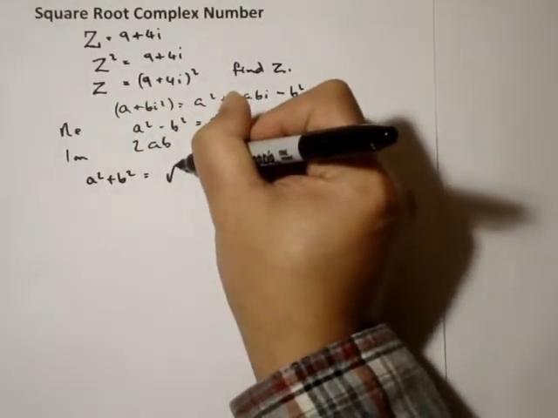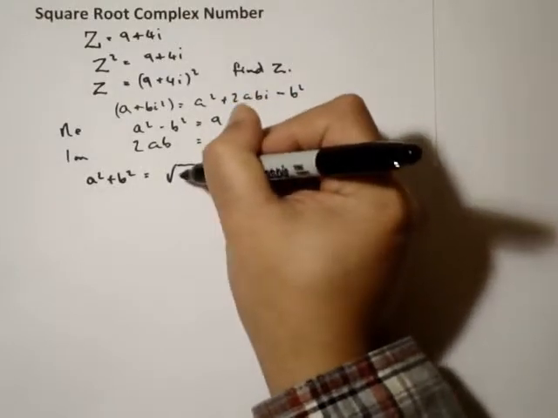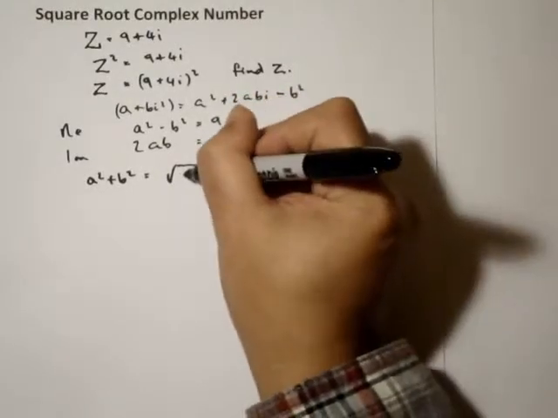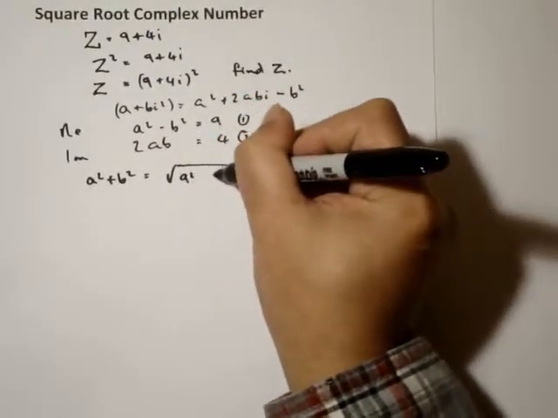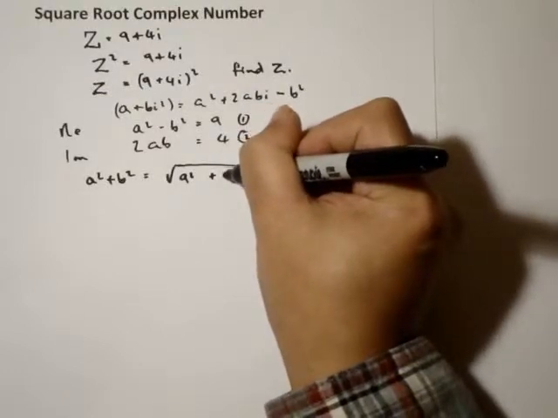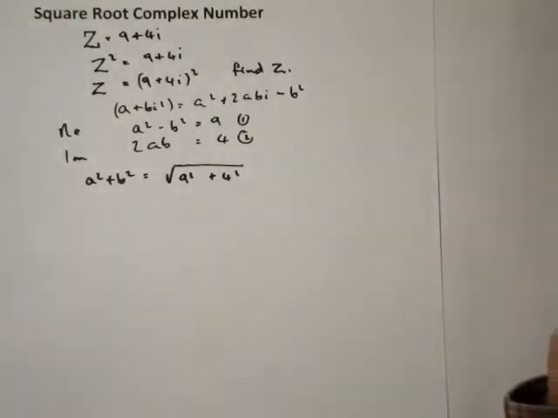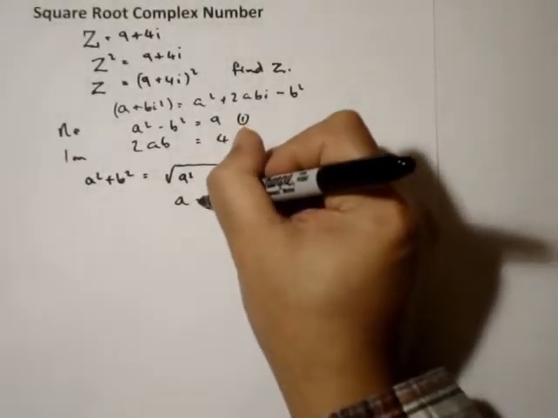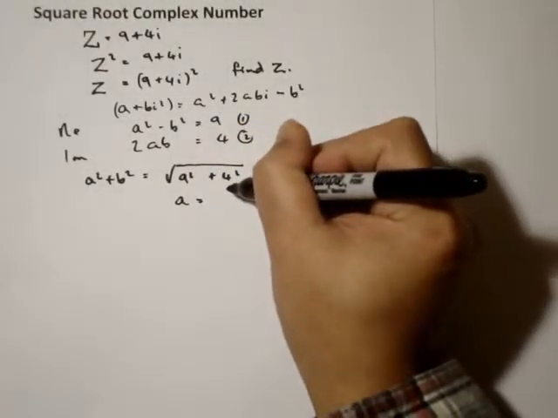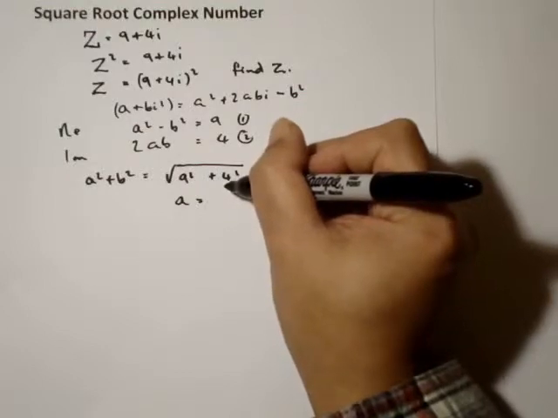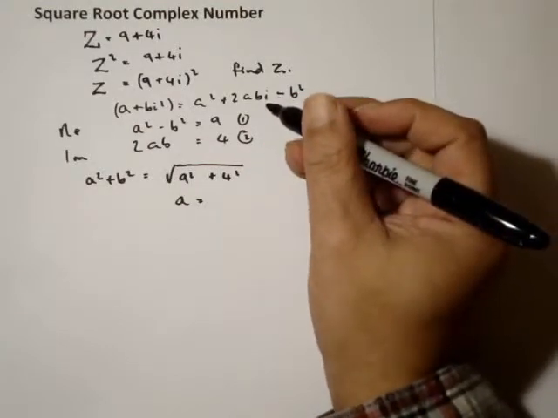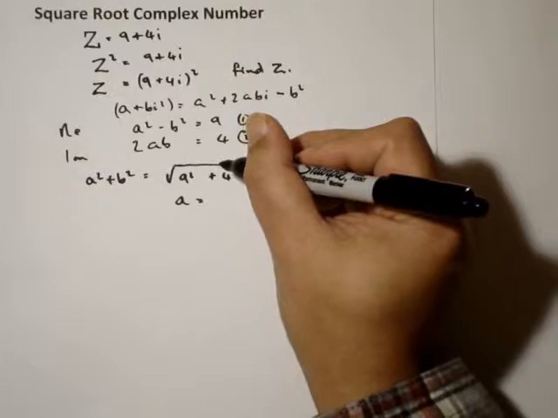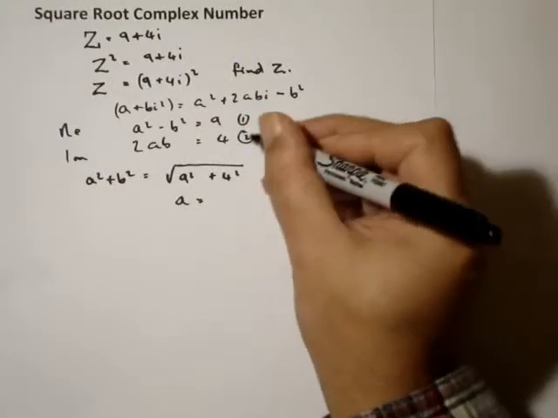Now because the modulus is the same, we have a squared plus b squared equals the square root of 9 squared plus 4 squared, which is the square root of 97.